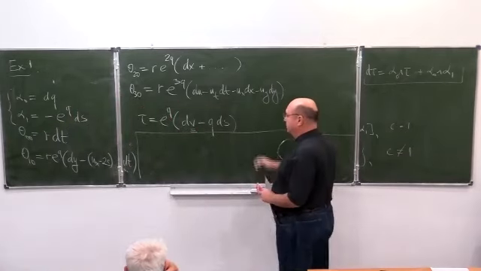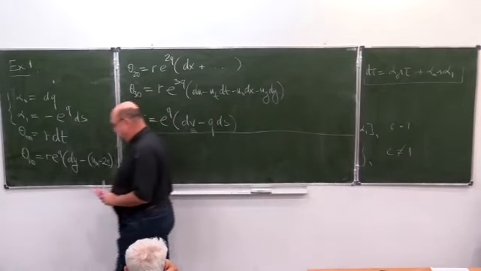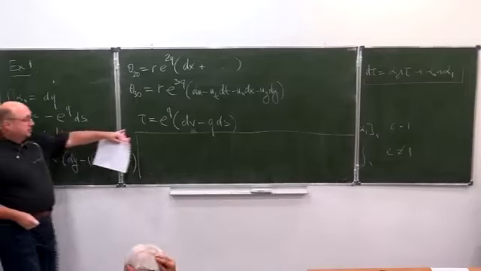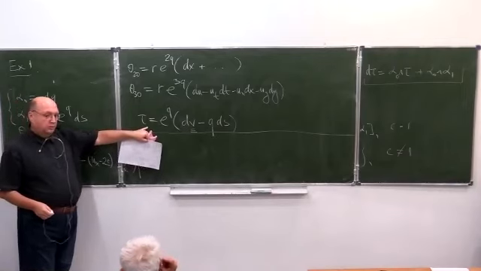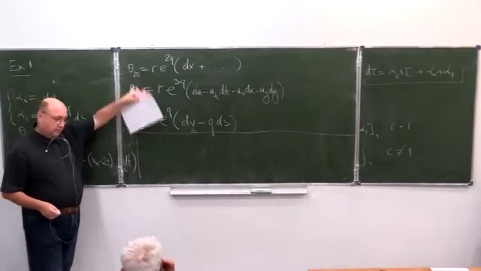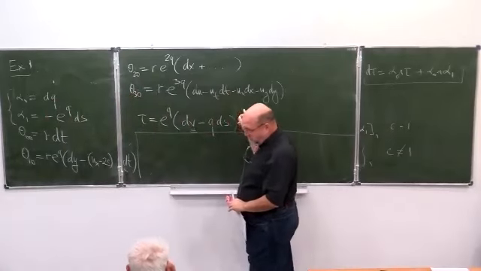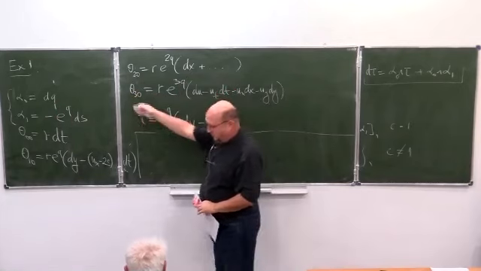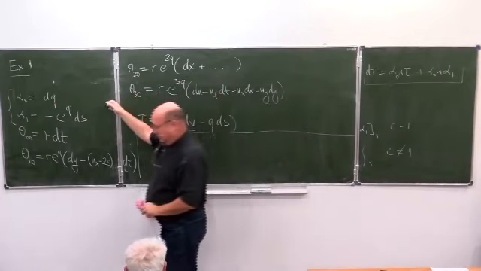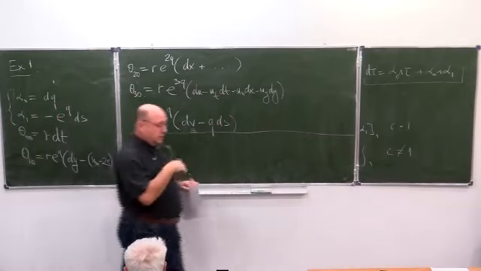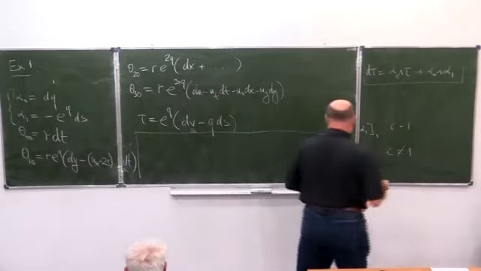Okay, now we say that by the very definition of cohomology groups, if we add some linear combination of Maurer-Cartan forms from the structure equations, we obtain the twisted cycle.